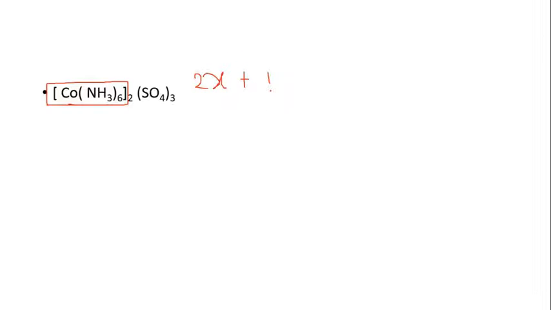So there are 12 ammonia ligands in total, and the charge carried by each ammonia ligand is 0. Okay, then plus there are 3 sulfate ions. So 3 into, the charge carried by each sulfate ion is -2. This you will know if you go through the earlier lecture on ligands, is equal to 0. So 2X, 12 into 0 is 0, so I'm not writing that.